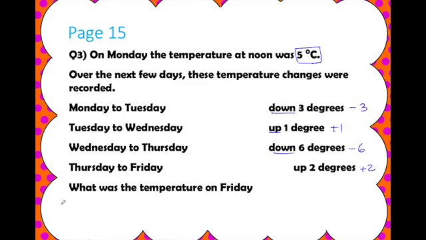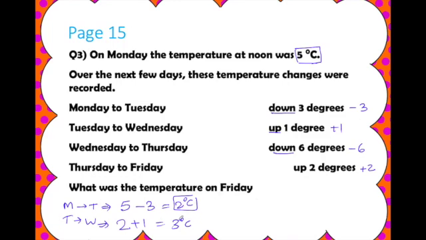So let's write down. From Monday to Tuesday, what happened is the temperature went down from 5 by 3 degrees Celsius. From 5 down by 3, which is equal to 2 degrees Celsius. Now, Tuesday to Wednesday. Tuesday starts with 2 degrees Celsius. So Tuesday to Wednesday is 2 degrees Celsius plus 1, which will be 3 degrees Celsius.